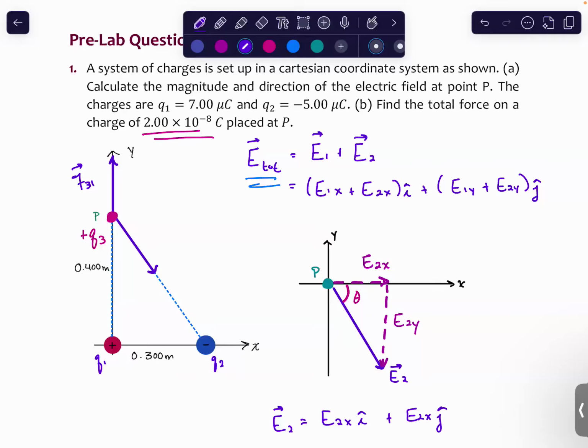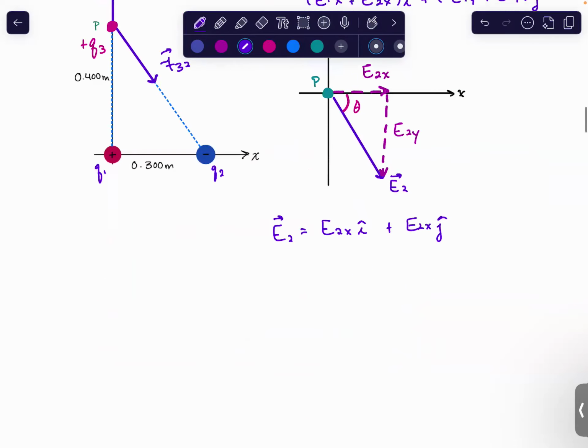And then positive and negative attract. So you're going to get your force 3-2, and it's going to point in the same direction as E2 because the new charge and the Q2 are going to pull towards each other. So you're going to do the same vector analysis, except this time you're going to be using electric force.